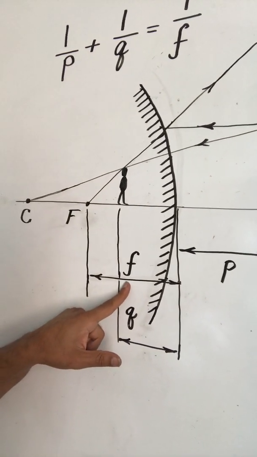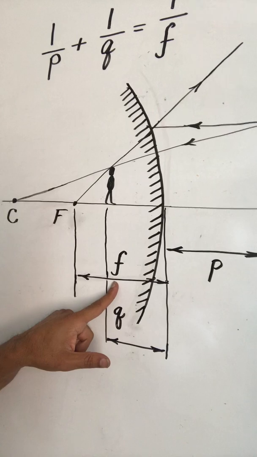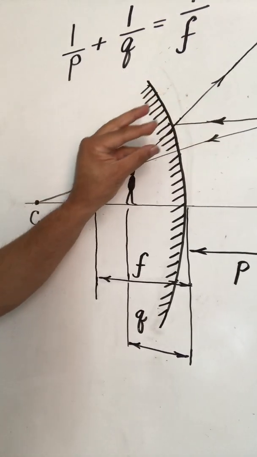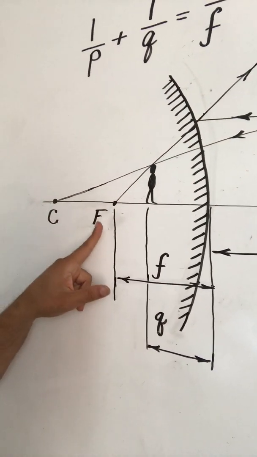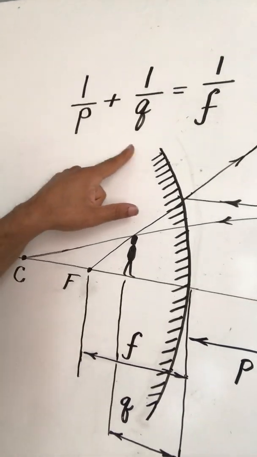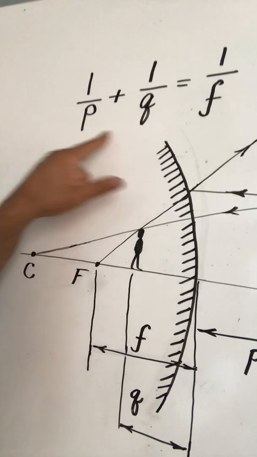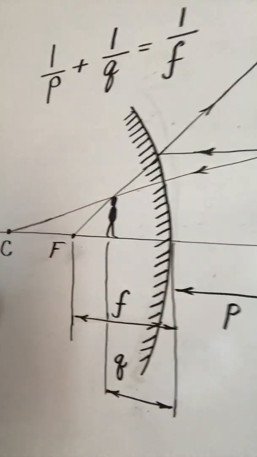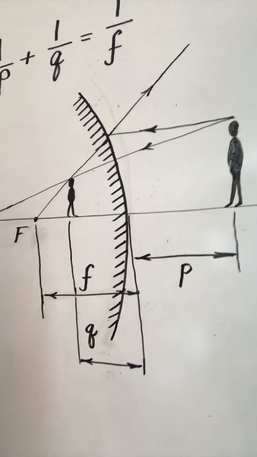The focal point, by definition, is the point where all these rays of light start converging. As you could see from this equation, we have a nonlinear relationship between p and q. So your image gets distorted in a convex mirror.